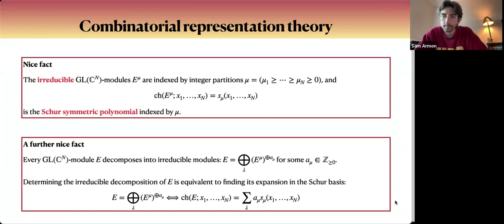Next I'm going to introduce a particular GLN module that was originally considered by Thrall. He asked the question, what is this irreducible decomposition? The viewpoint we're going to take on this is through the character theory. So instead of explicitly finding the irreducible decomposition, I'm going to be asking, what's the character of this? How does the character expand into Schur functions?